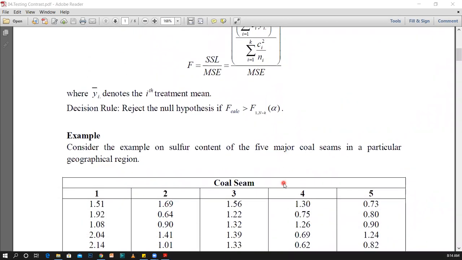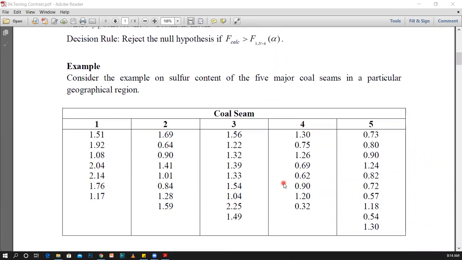Okay, we will go through an example for testing a contrast. This is the example that we considered in the previous sessions: the sulfur content of 5 major coal seams in a particular geographical region. So again we are dealing with the same example.